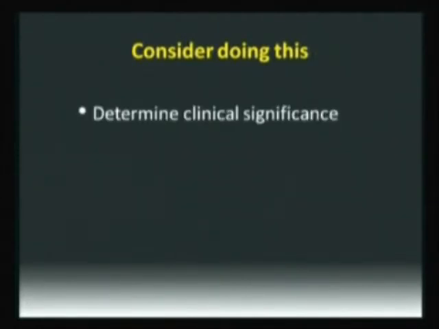This is what I'm considering doing. You need to determine the clinical significance of the finding. A report from your radiologist of reticular opacities in your patient with connective tissue disease should not by itself make you change your behavior. You need to assess the clinical significance of that finding.